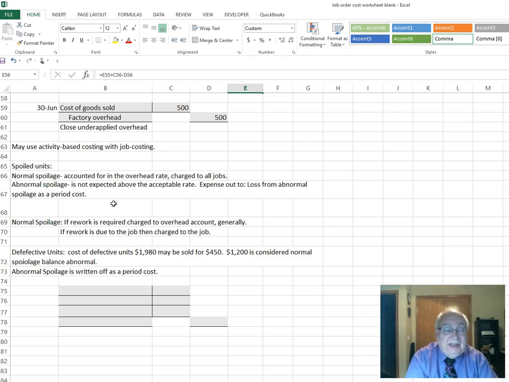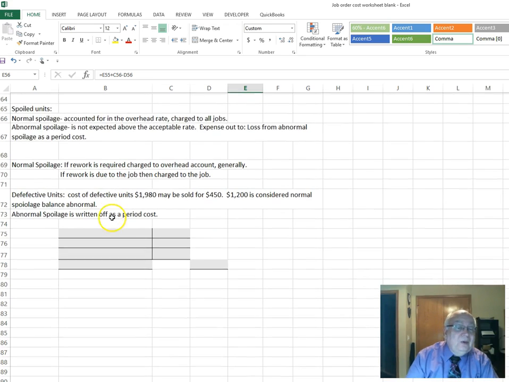Abnormal spoilage is not expected above the acceptable rate, so you expense it out to loss from abnormal spoilage as a period cost. For normal spoilage where rework is required, you charge the rework to the overhead account and take it out of the materials and the direct labor payroll. And if rework is due to the job, then it's charged to the actual job. Otherwise, it's charged to just general overhead.